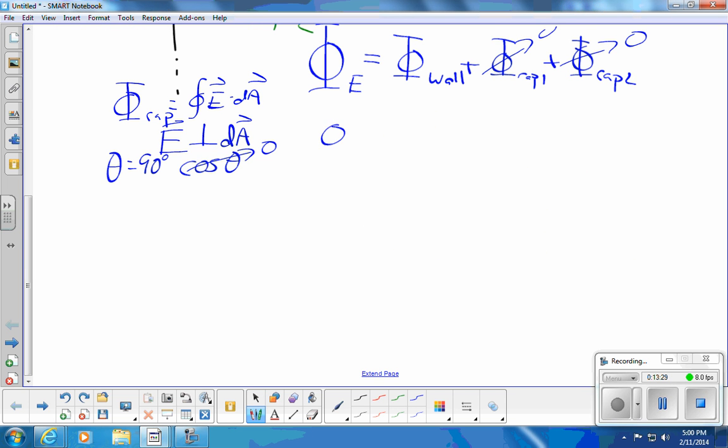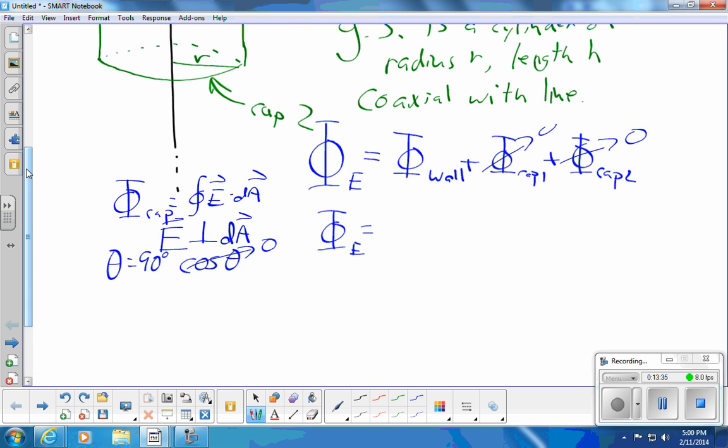So the electric flux through the whole thing is the flux through the wall. The flux through the wall equals the surface integral of E dot dA for the wall. Again, we want to get rid of the dot product and the integral.